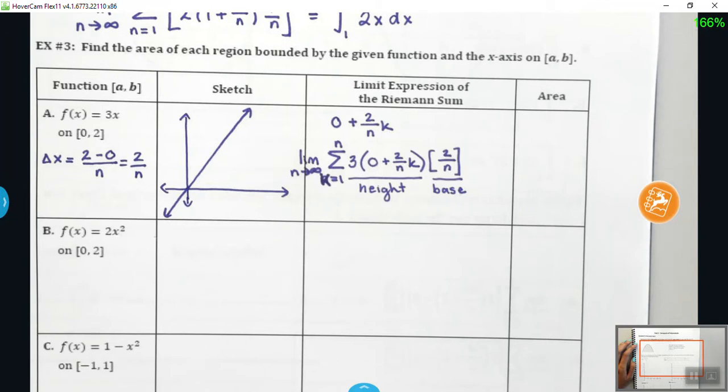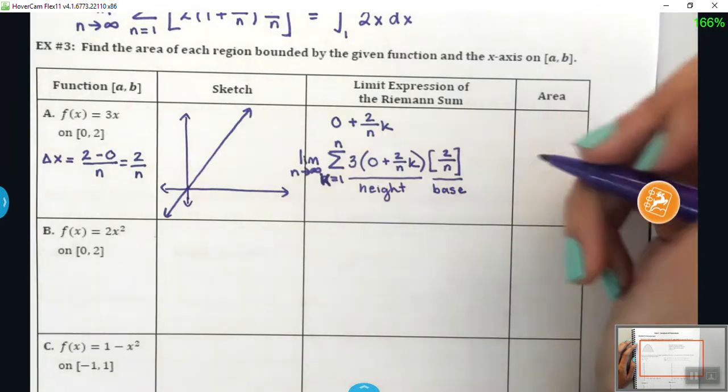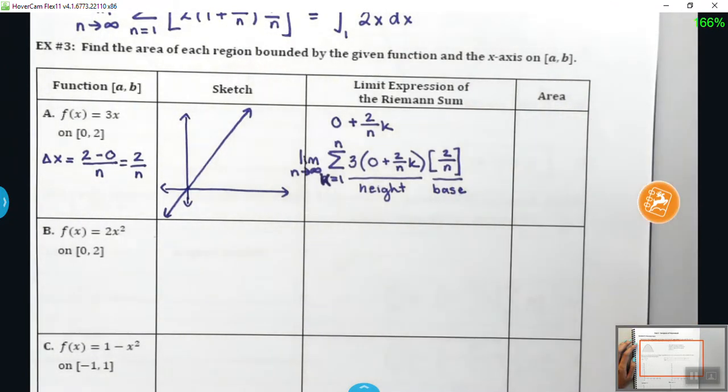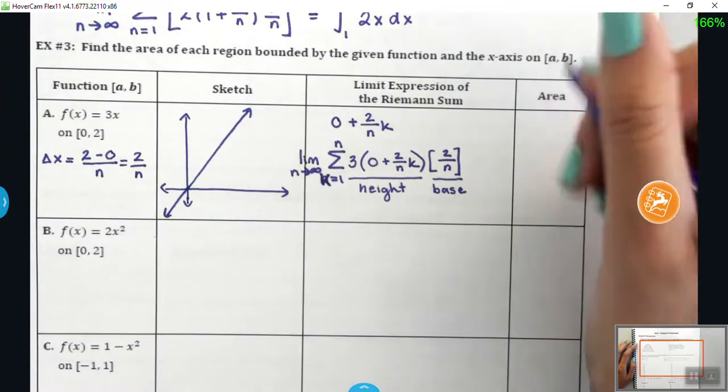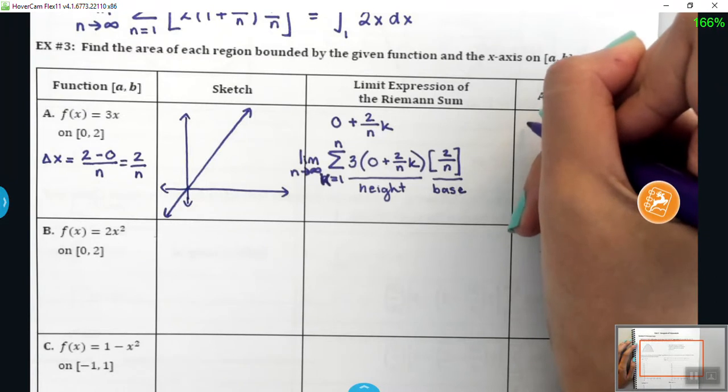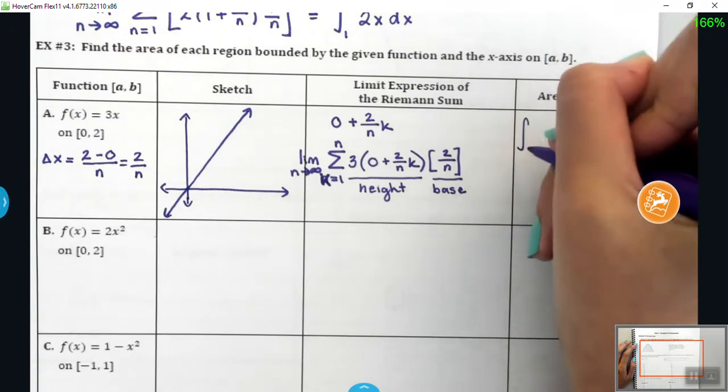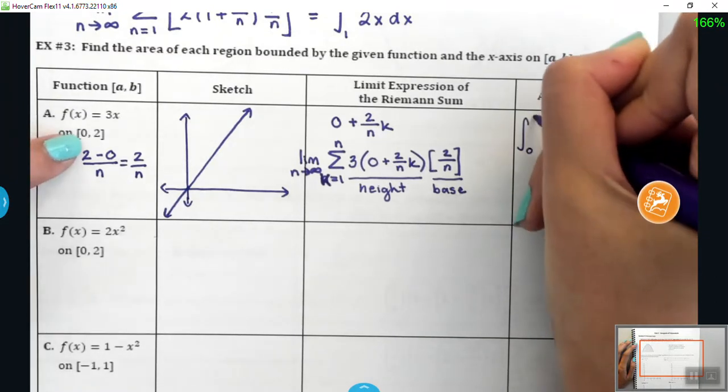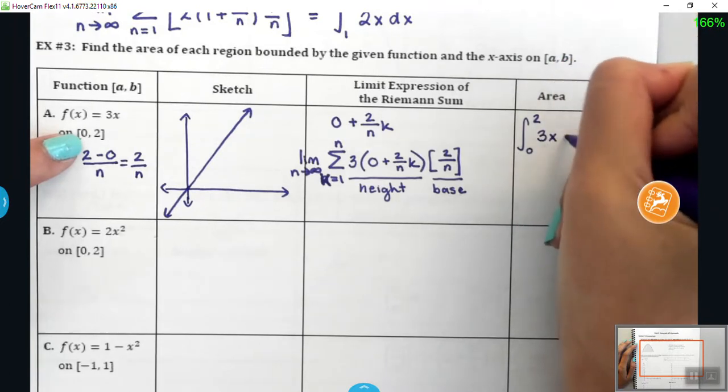Okay, this equals the area. So this is equal to this integral, the integral from 0 to 2 of 3x dx.